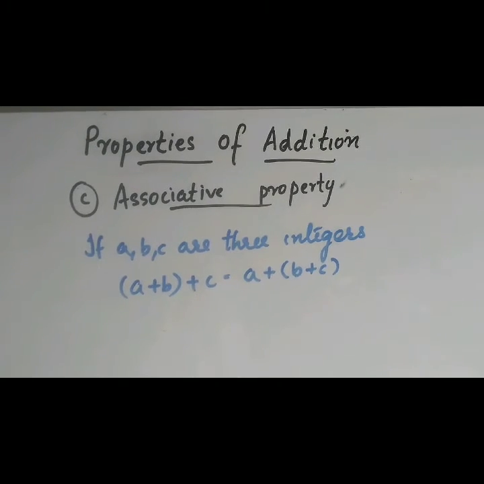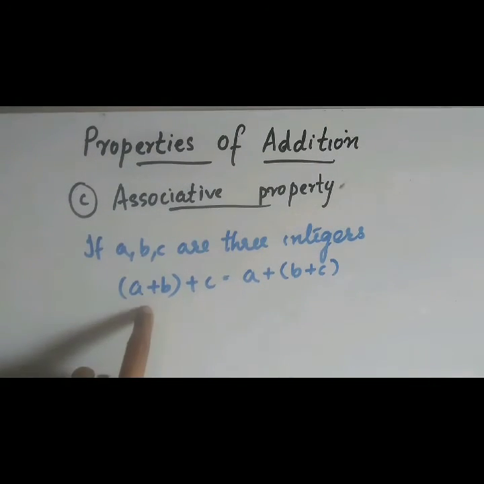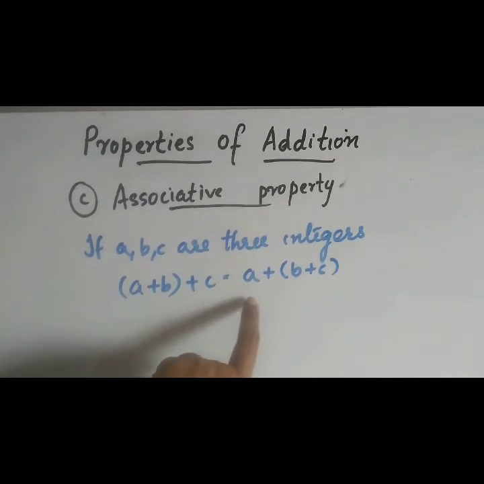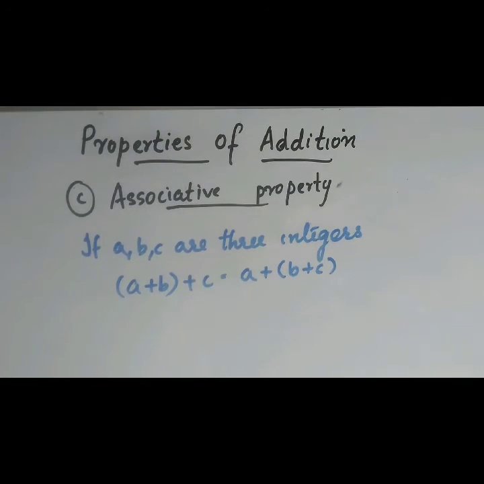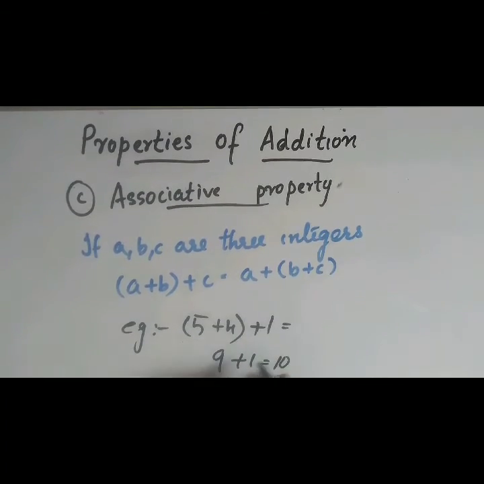Here comes the third property of addition, the associative property. What does it say? If a, b, c are three integers, then a plus b plus c is equal to a plus b plus c, grouped differently. With an example, we can prove this. 5 plus 4 plus 1: 5 plus 4 is 9, and 9 plus 1 is 10.